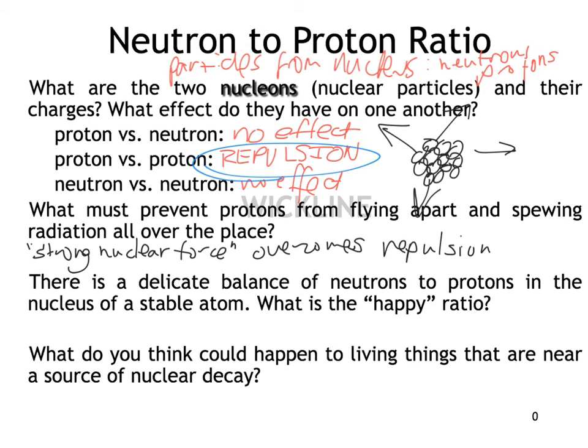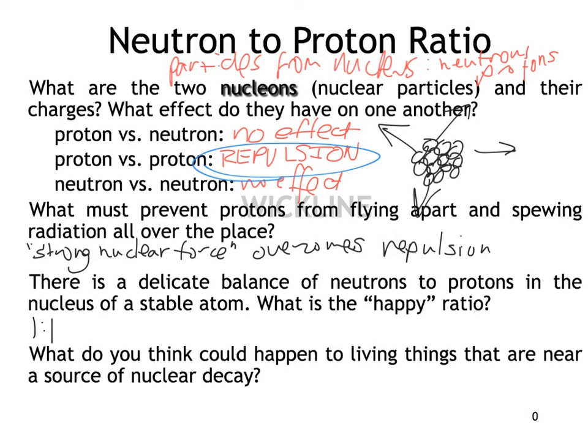So there is a delicate balance of neutrons to protons in the nucleus of a stable atom. And that balance is important because it allows the strong nuclear force to be in balance with the repulsive force of protons and protons. That delicate balance for many elements is very easy to predict, and that ratio is 1 to 1.